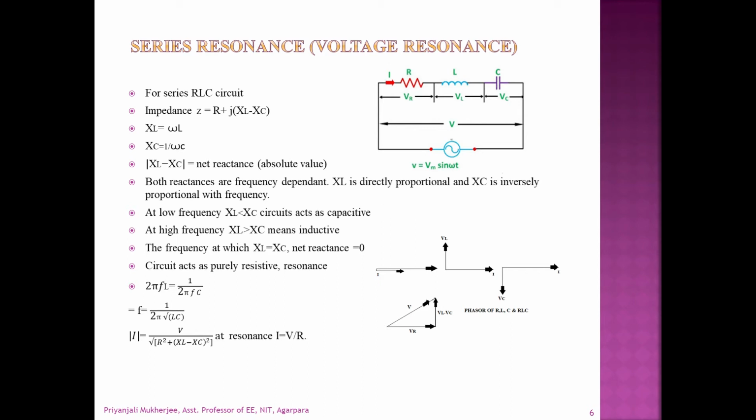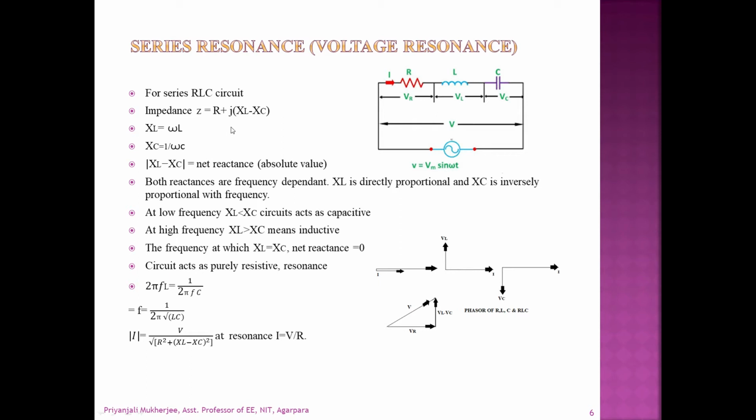As the frequency of the supply is increased, XL increases and XC decreases. At low frequency, XC is infinitely large, and as the frequency increases, XC starts to decrease but never goes to 0. Similarly, at low frequency, XL starts from 0 and increases linearly with the frequency.